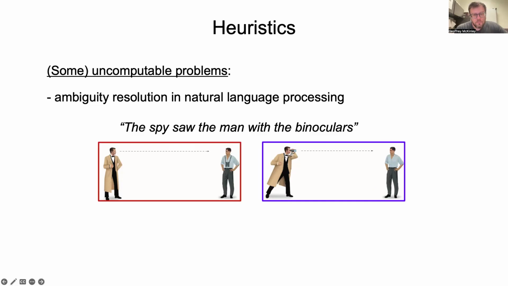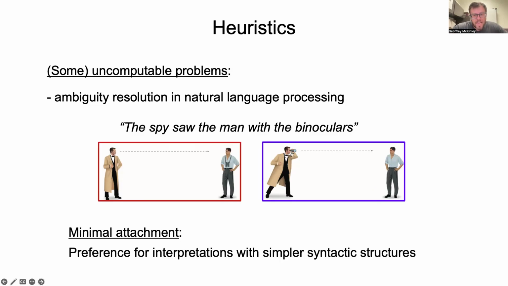However, the other reason why we might interpret this sentence as the spy having the binoculars is because there's a bias to select the interpretation that is syntactically less complex. So you would likely pick this one on the right, but that's because the spy with the binoculars is a less syntactically complex sentence, which we're going to talk about. And this is what we call minimal attachment. It's a preference for interpretations with simpler syntactic structures.